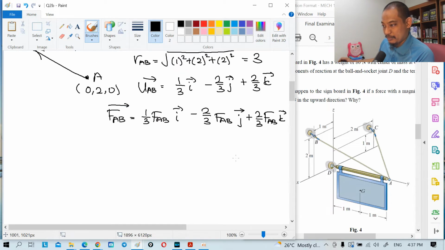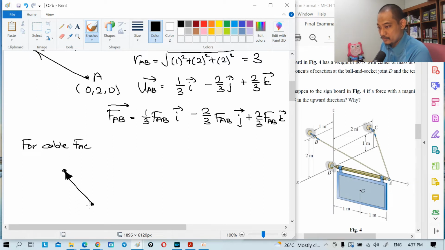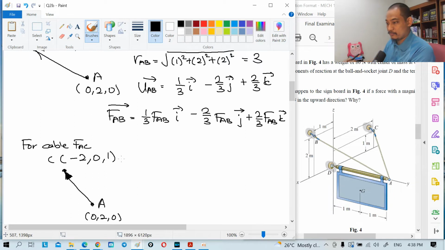Let's do for cable FAC. So from point A, which is 0, 2, 0, to point C, which is minus 2, 0, 1.